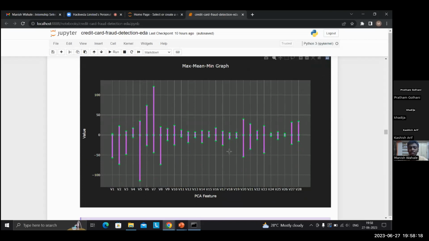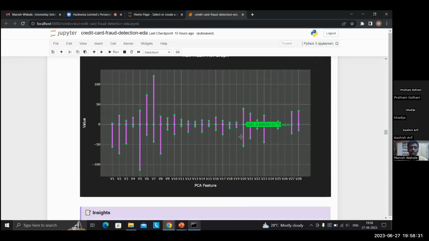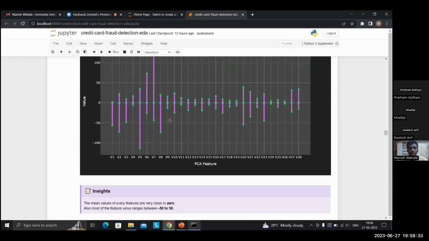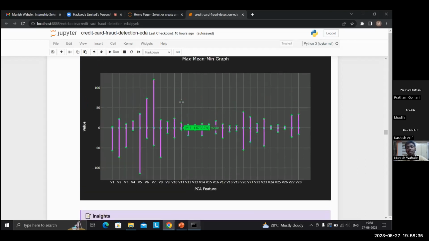Most of the feature ranges are between -50 to 50. So we can say that there is no need for feature scaling here. But for the time and amount features, which are high, we need to do feature scaling. We can also intuitively say that these are generated from some sort of algorithm, which is PCA.